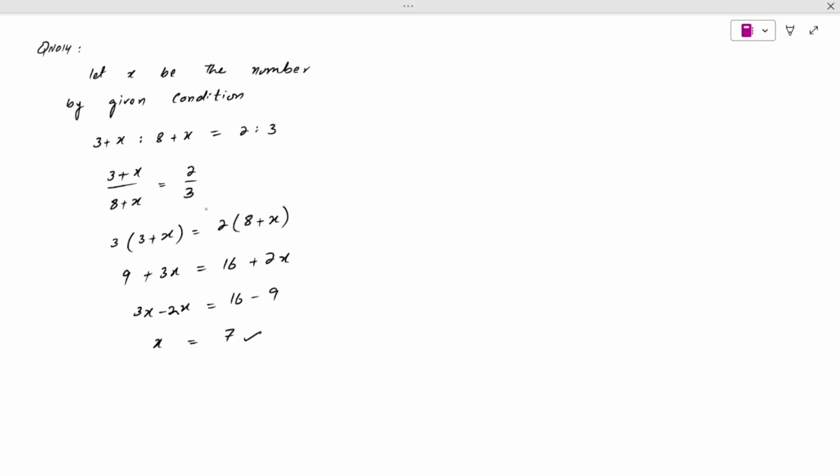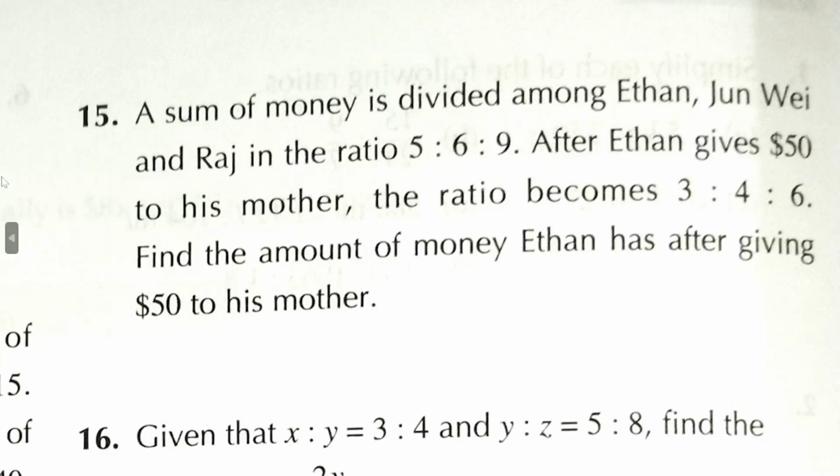Now we will solve question number 15. Question 15 is: a sum of money is divided among Ethan, Junway and Raj in the ratio 5:6:9. After Ethan gives $50 to his mother, the new ratio becomes 3:4:6.